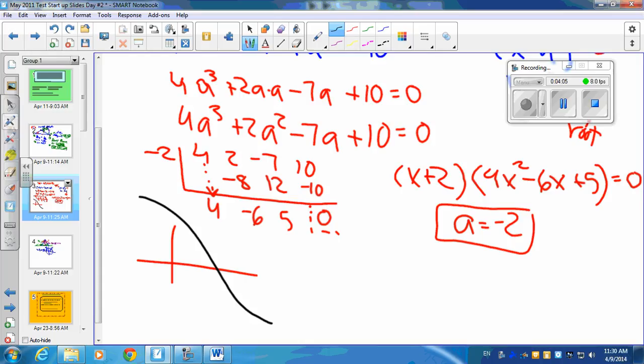So what would the roots of this look like? If this is a unique solution, here is your a. In order to be unique, these can't have roots, so the roots must be imaginary. Right? So if we could prove that these roots are imaginary, we'd prove that this is unique.